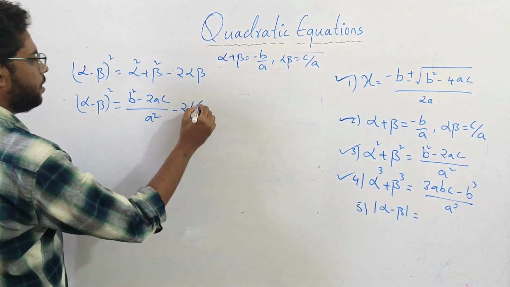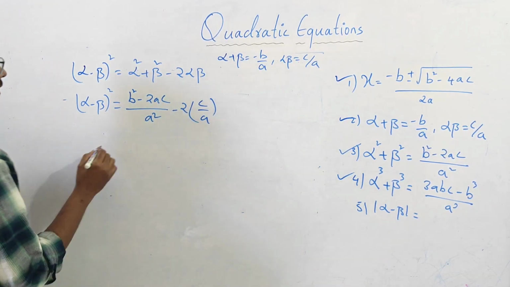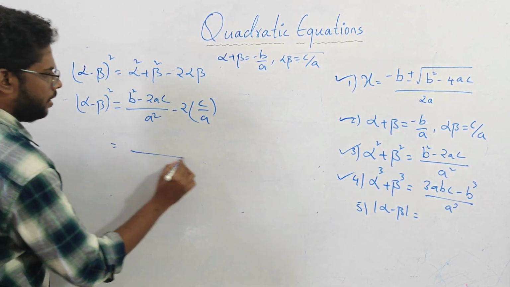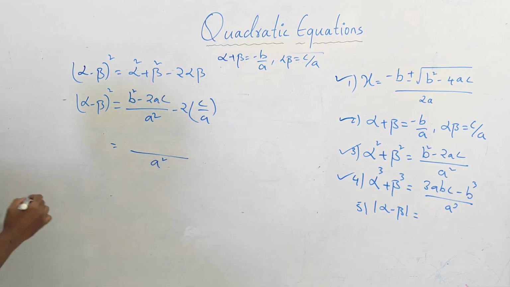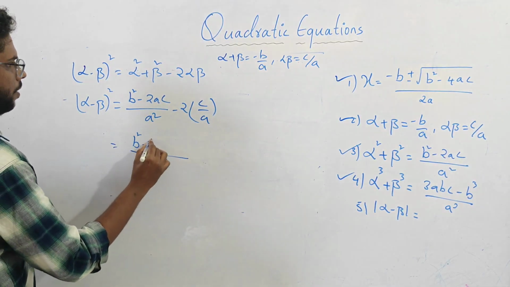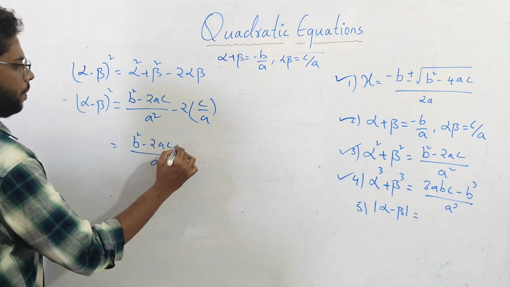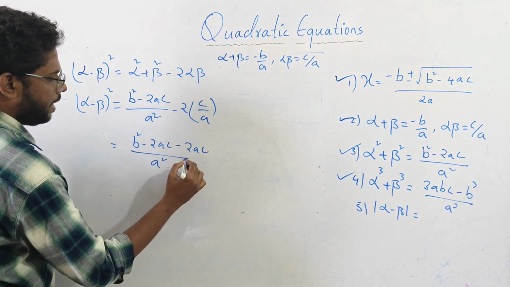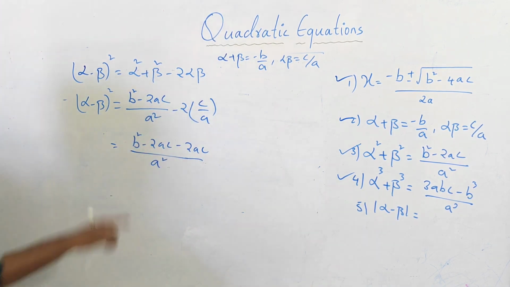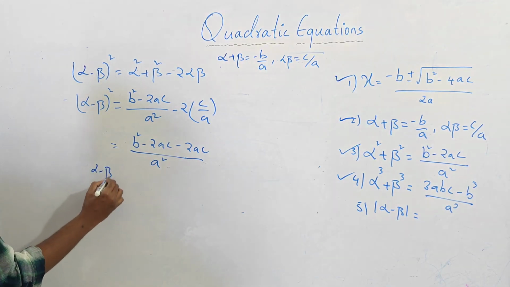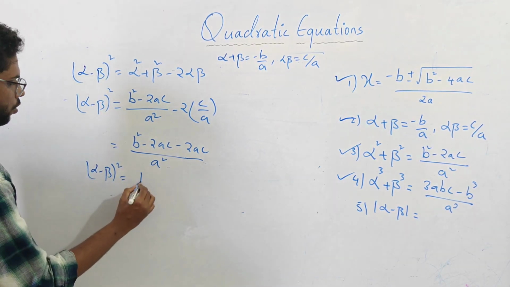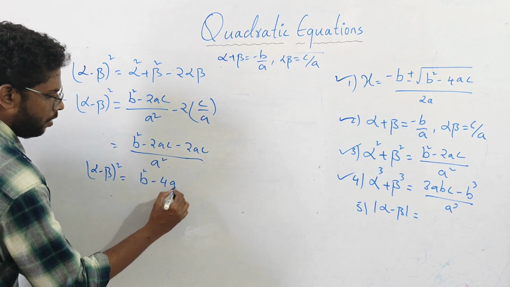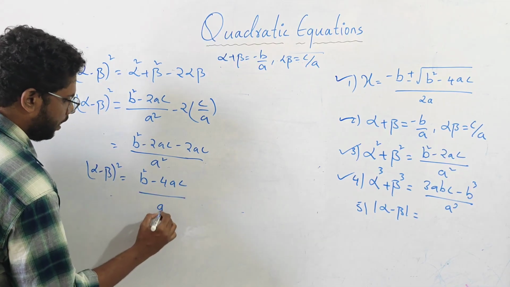What is alpha beta? Nothing but c by a. If I take the LCM, a square is the LCM. Here we get b square minus 2ac minus 2ac, so alpha minus beta whole square equals (b square minus 4ac) by a square.